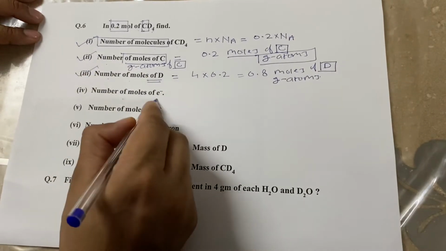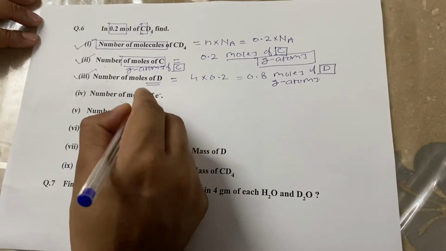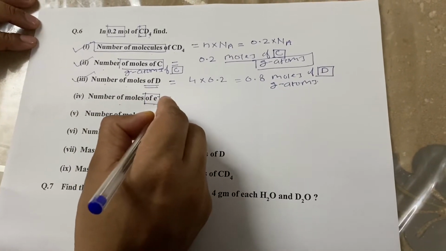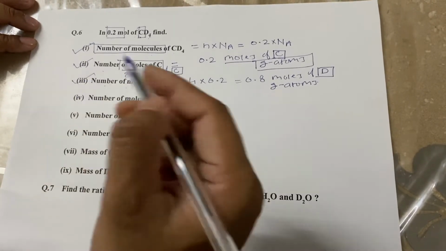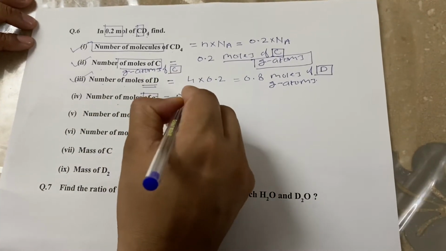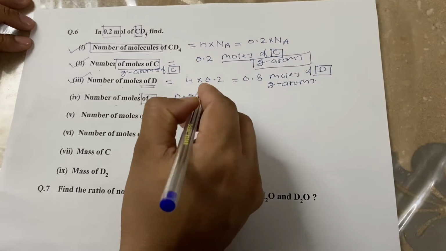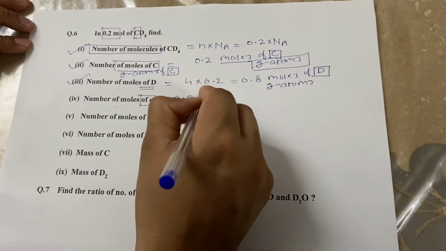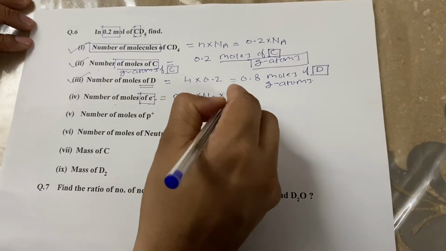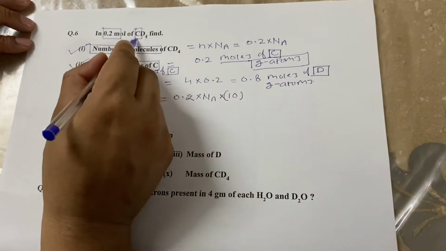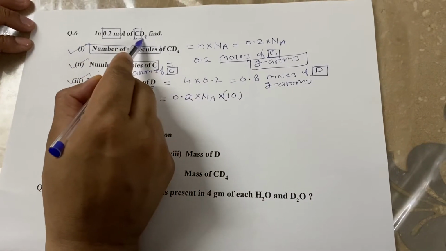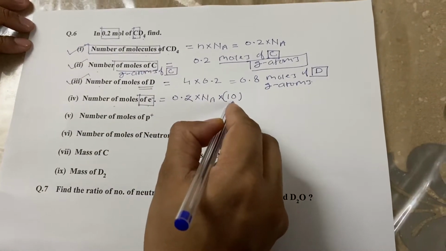Now number of moles of electron. To be noted that the number of electrons is an entity. So first we calculate the number of electrons. This will be equal to 0.2 into Na into 10. Obviously the CD4 contains 6 plus 4 electrons, so the number of electrons is multiplied by this.